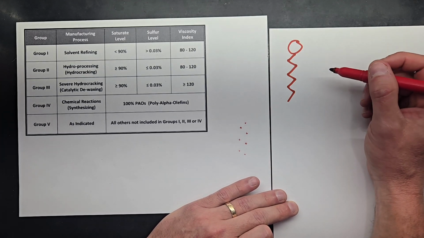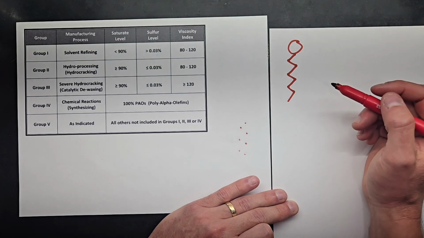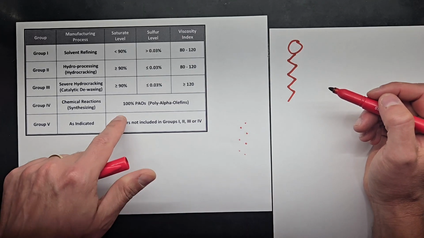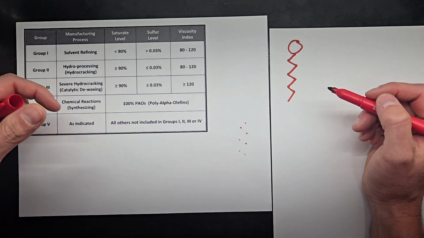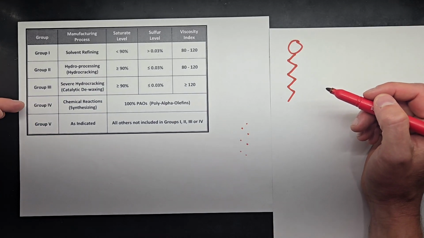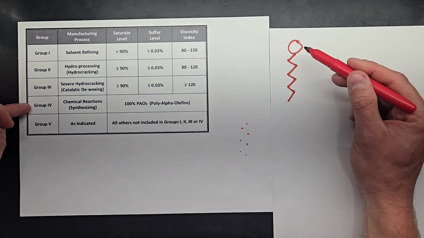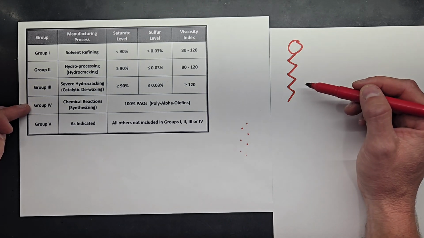So this is the base paraffin structure. PAOs, so as we transition to group 5, or group 4, my apologies, group 4 is as pure of a paraffin-based structure as you can get.